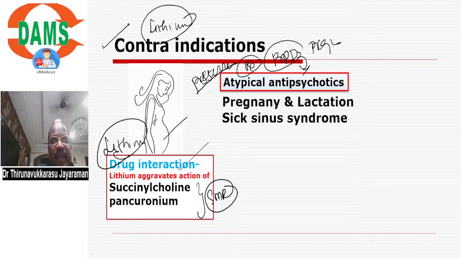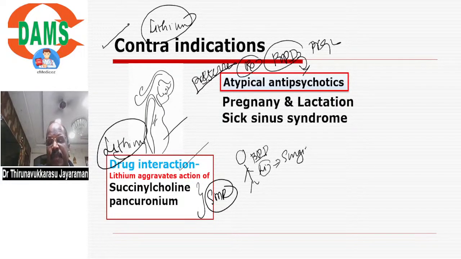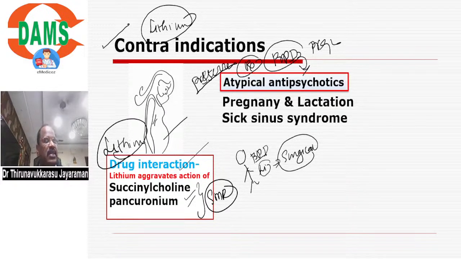Because of aggravating SMR action, suppose a patient who has bipolar disorder and is on lithium therapy goes for some surgical procedure, during surgery, if we give these SMR, this may cause more muscle weakness, causing risk of respiratory failure.